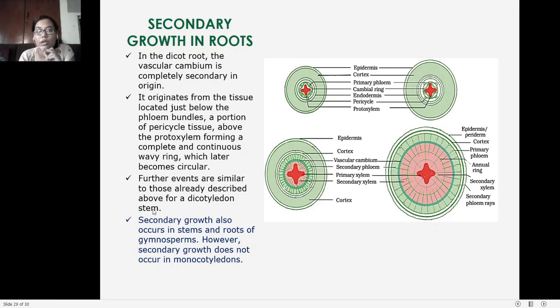Secondary growth also occurs in stems and roots of gymnosperms. So apart from angiosperms, gymnosperm stems and roots also have secondary growth. However, secondary growth does not occur in monocots.